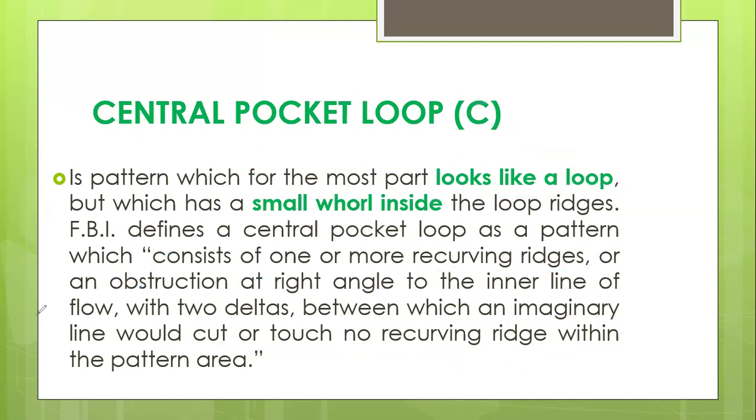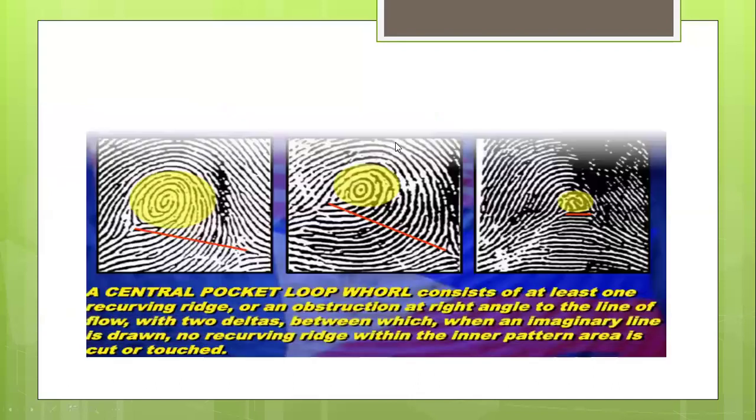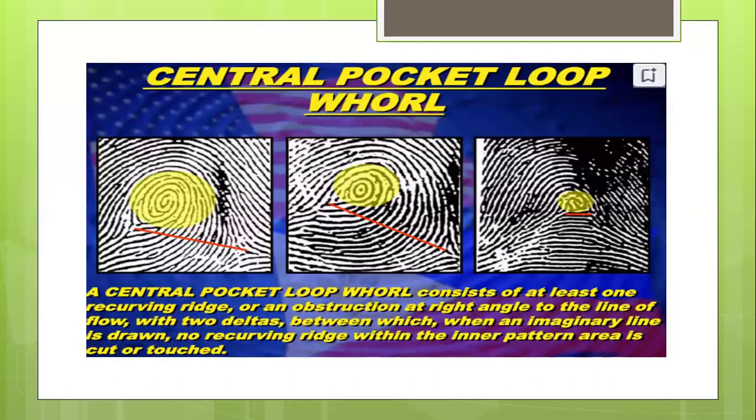Okay? Let's proceed to the illustration. These are the whorl patterns under central pocket loop whorl. It is very clear. Generally, it looks like a loop. This one is number 1, this is number 2.